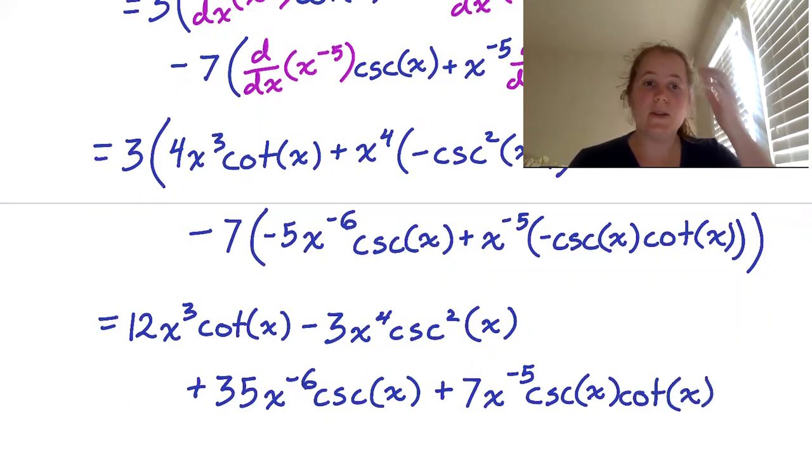That was just distributing in the 3 and the negative 7.